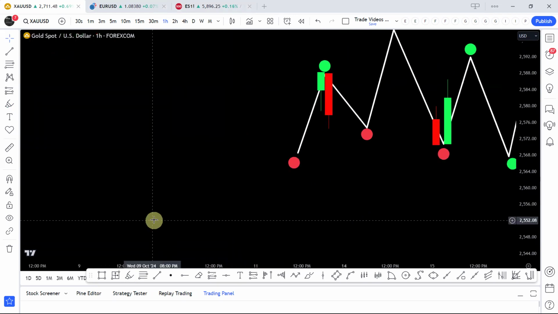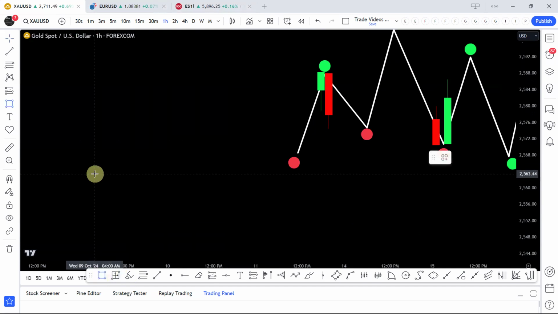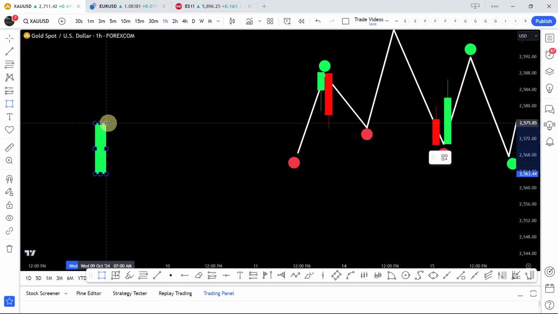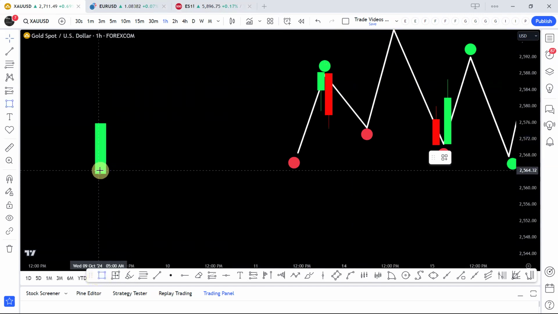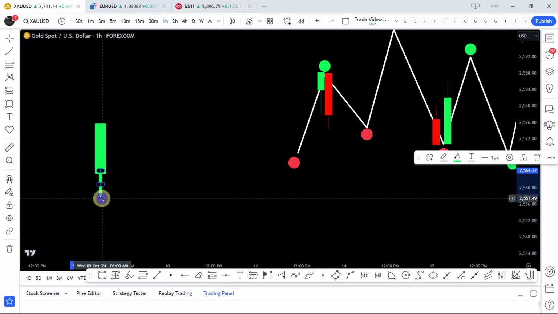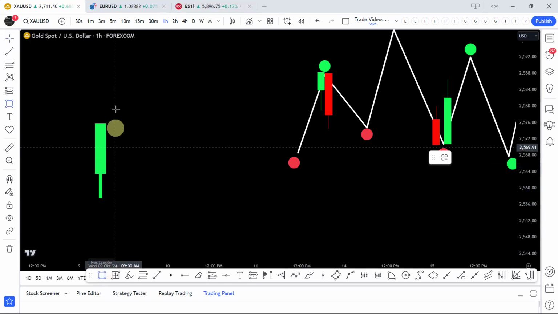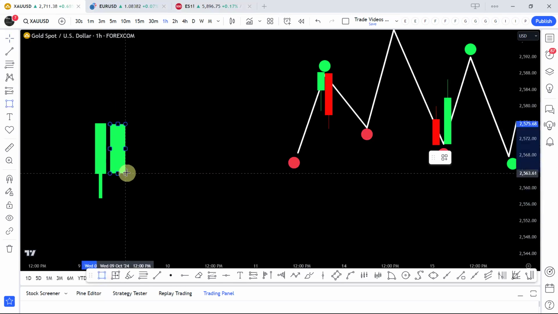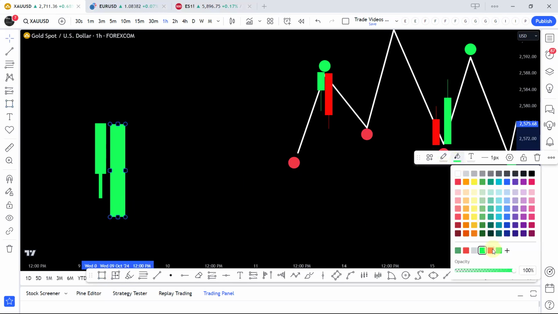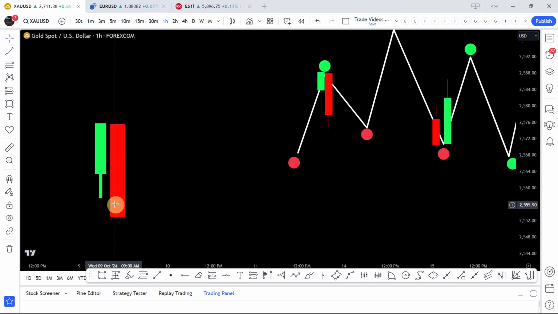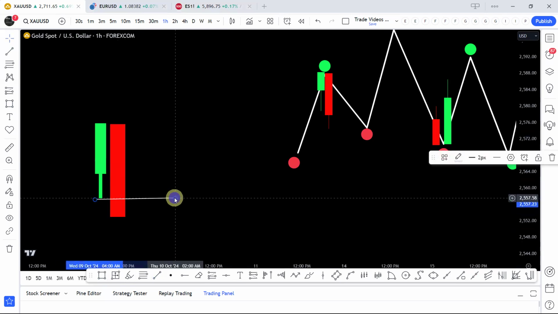You need a body close below it. If it closes the body below, then it will be treated as a valid high.